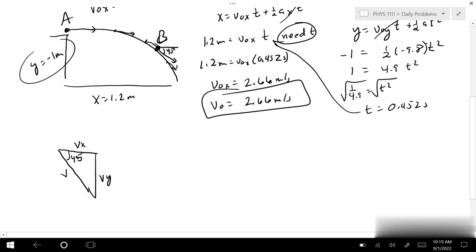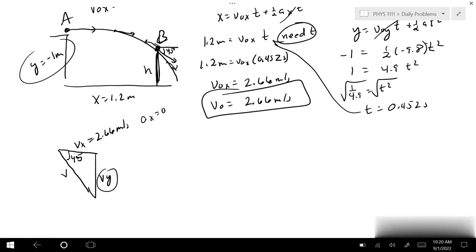This is our Vx, and this is our Vy. We know this is equal to 2.66 meters per second because our acceleration in the X direction is 0, so our velocity in the X direction will not change. We need to find this to be able to work with h. We're trying to find this height right here.